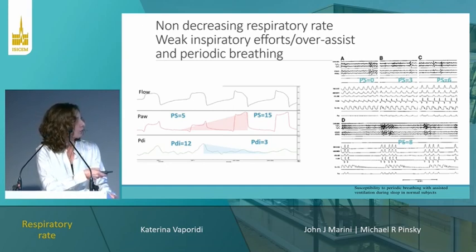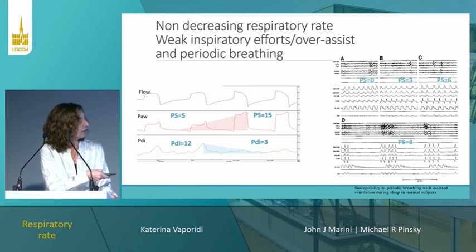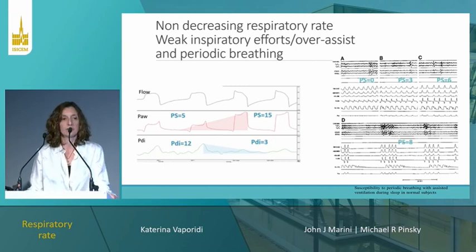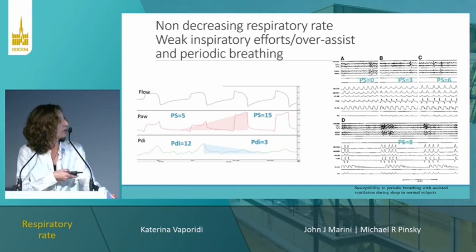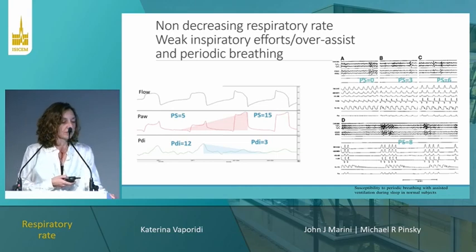I had him on pressure support of 5, increased pressure support to 15, and the amplitude of swing of PDI decreased from 30 to 12, while respiratory rate changed by 1 breath per minute. So it's easy to over-assist the patient, and the respiratory rate does not protect the patient from that. That is why we can easily also have periodic breathing with excessive assist.